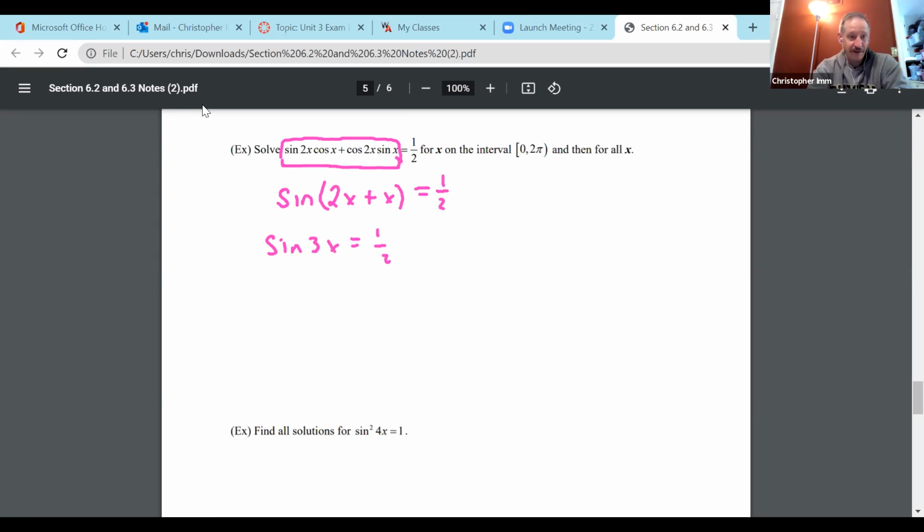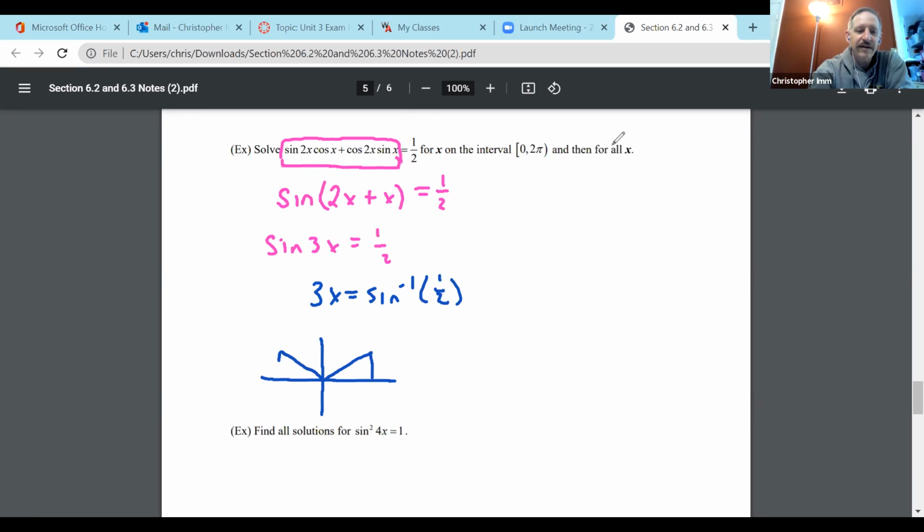All right. So now we should be able to solve for those, right? So let's go ahead and do that. Basically I could say 3x is equal to inverse sine of 1/2, but I can use triangles to figure that out. So sine is positive in quadrant 1 and 2.